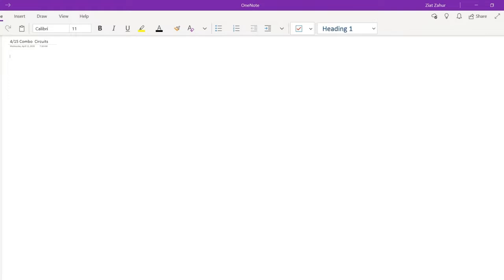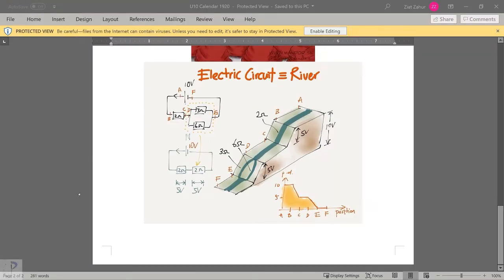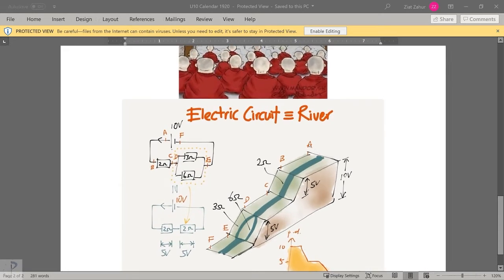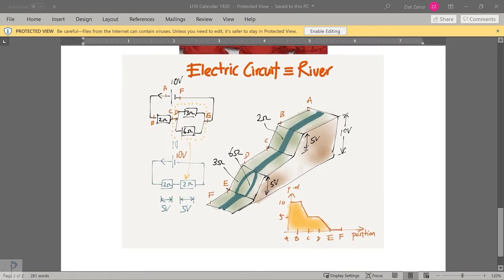All right. If you look on the second page of your calendar, you'll see this picture, which shows what we're going to talk about today. Here at the top left, you have a battery. The battery sends the current out.